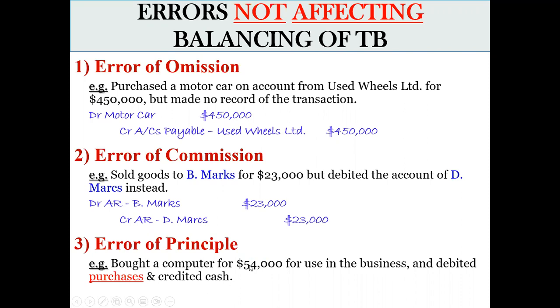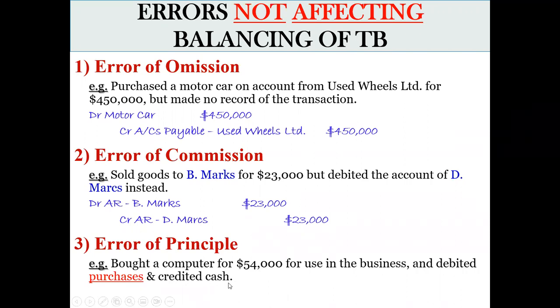So isn't that a non-current asset? Isn't that a real account? Yes, miss. But look at what you debited. Purchases, and credited cash. The credit to cash is good to go. You do the debit and credit, the trial balance still balances. So draw your little T accounts.